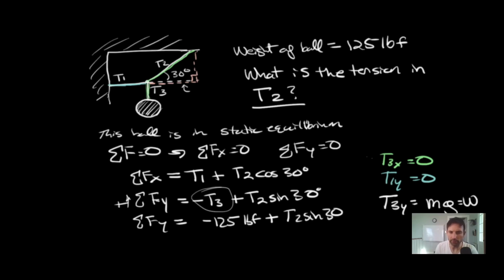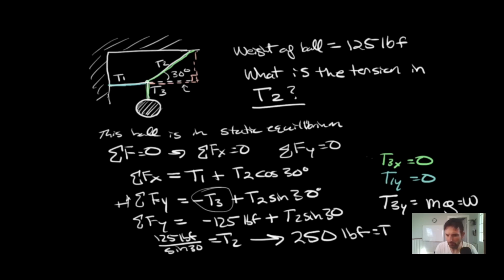So you rearrange this equation, you get 125 pound force over sine of 30 equals T2. And if you do 125 over the sine of 30, you get 250 pound force equals T2.